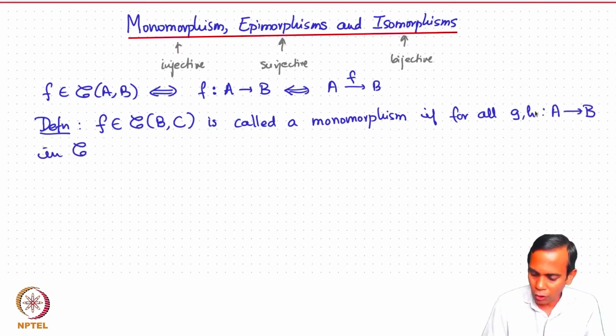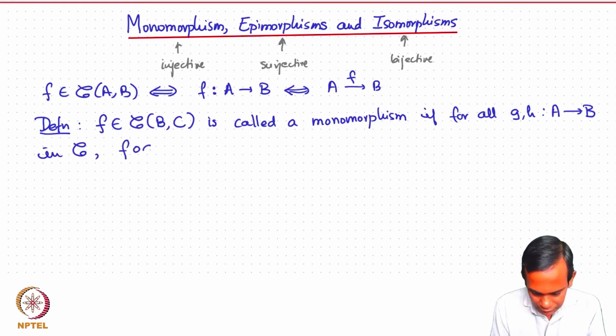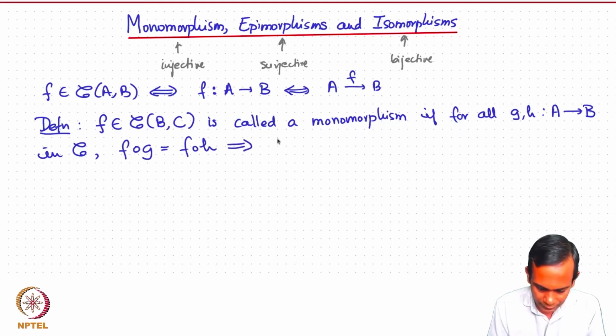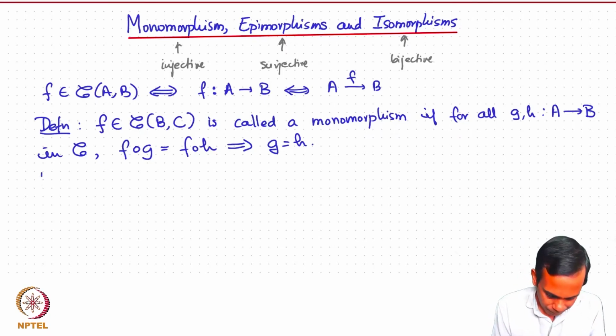When I say for all, I mean for all objects A and all arrows g and h from A to B. So this is an equality of arrows from A to C, and this is an equality of arrows from A to B.